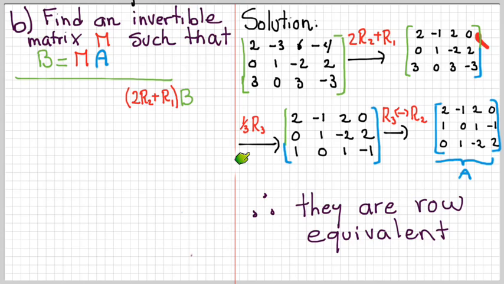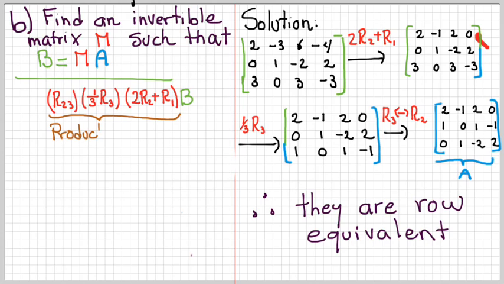Therefore, I have to multiply on the left by the elementary matrix attached to this row operation, and so on. At the end, we perform the exchange of row 2 and row 3, so I multiply on the left by the matrix that exchanges row 2 and row 3.